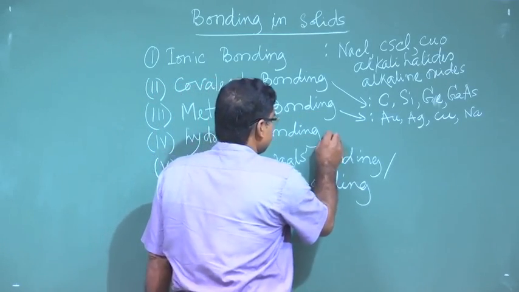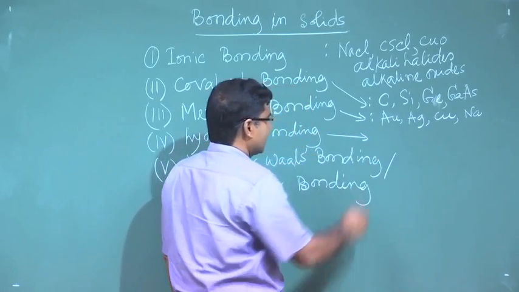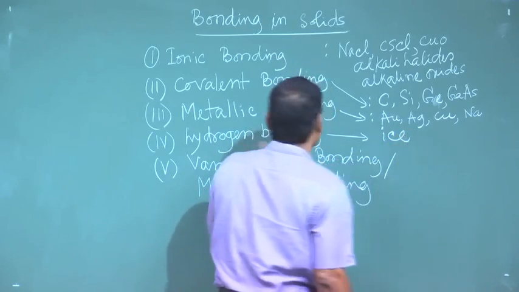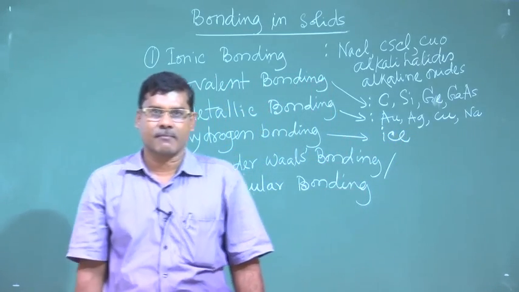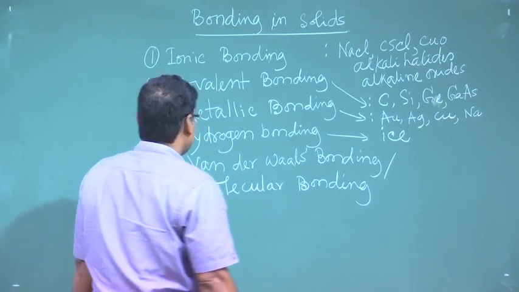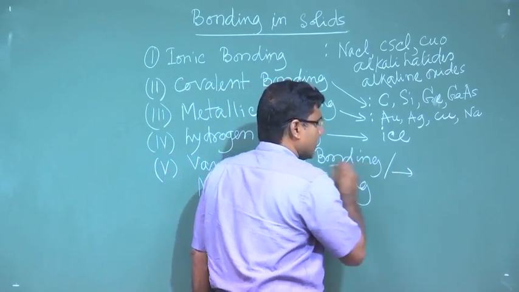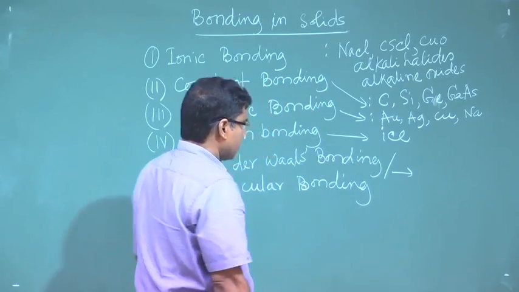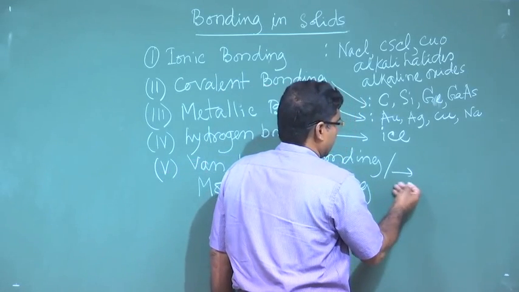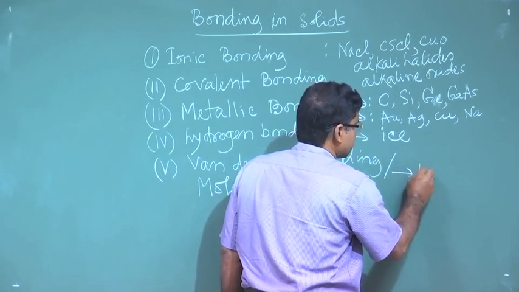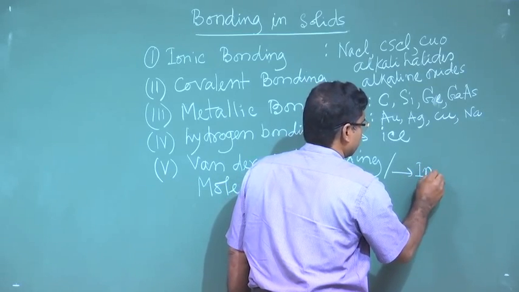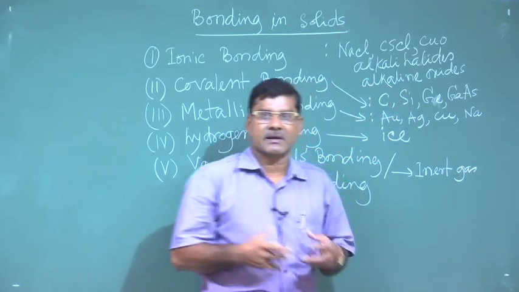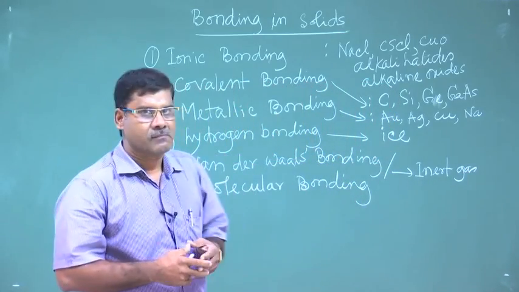And hydrogen bonding, a nice example of this bonding one can see in ice formation. And van der Waals bonding is generally seen in inert gases. At low temperature, inert gas forms a solid.